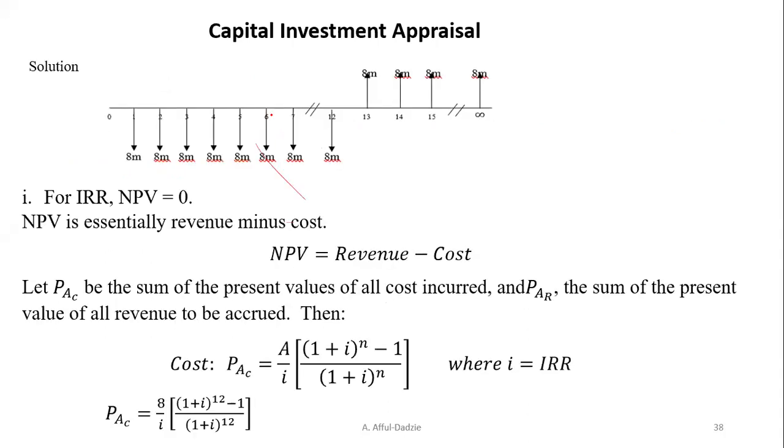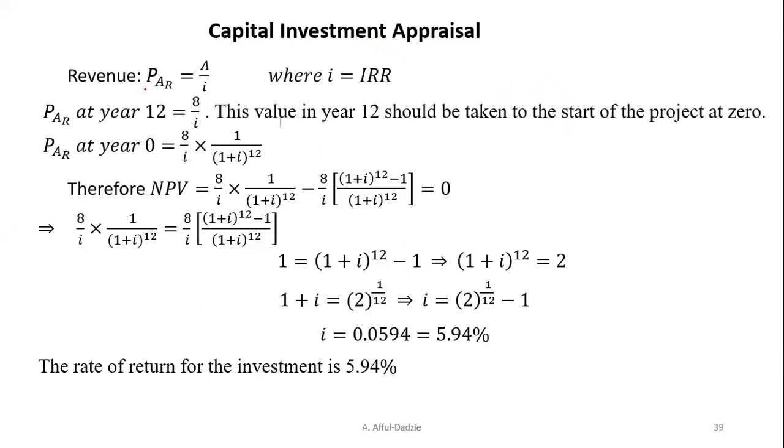Because this starts from period 13, when we discount this A over I, it brings us to period 12, and you take it from period 12 as a single value to period 0. So this gives us the present value for the revenues.